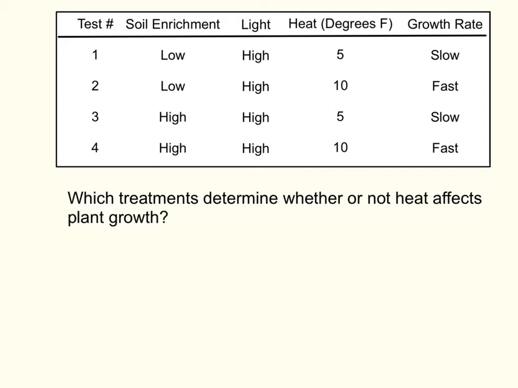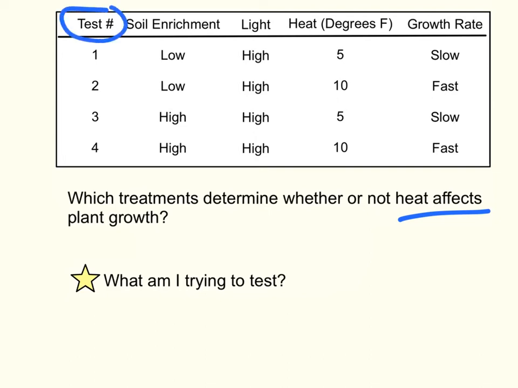Remind yourself of the simple question we introduced at the beginning of this tutorial, which was, what am I trying to test? Since we are testing the effect of heat, we should look at every trial where heat is changed and every other variable is kept constant.